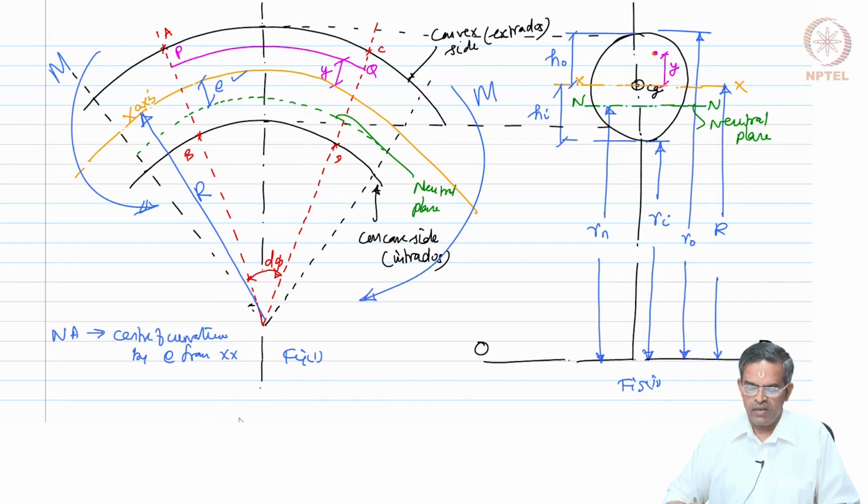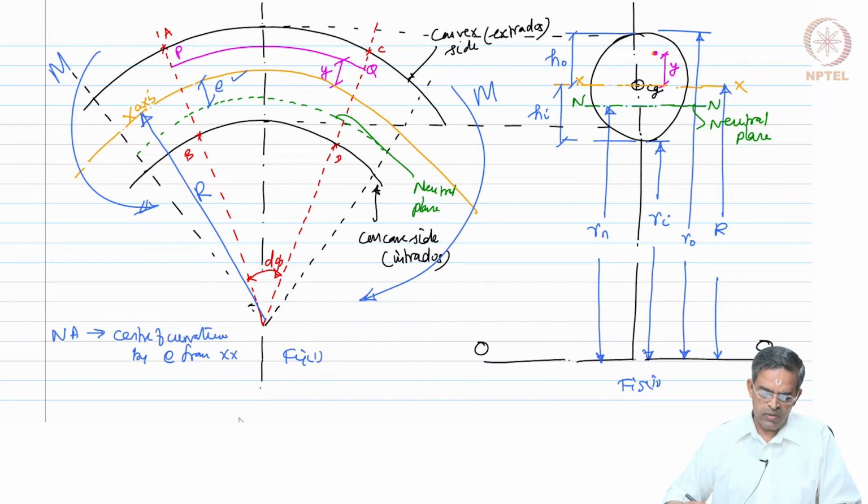So, the convex side and concave side are marked on the screen, which is also called as extradas and intradas, and we have marked the neutral plane with an offset from the x axis by the amount E, which is indicating a shift of neutral plane towards the center of curvature.